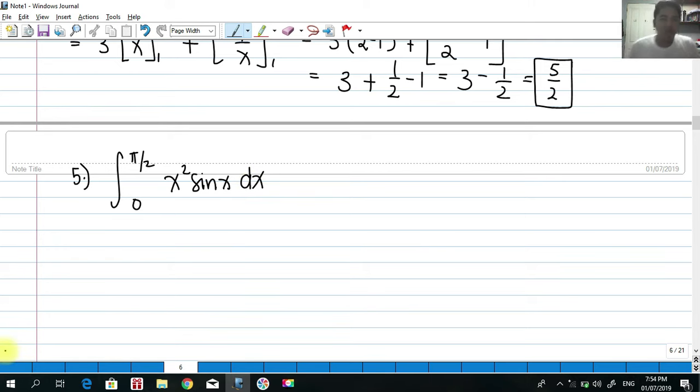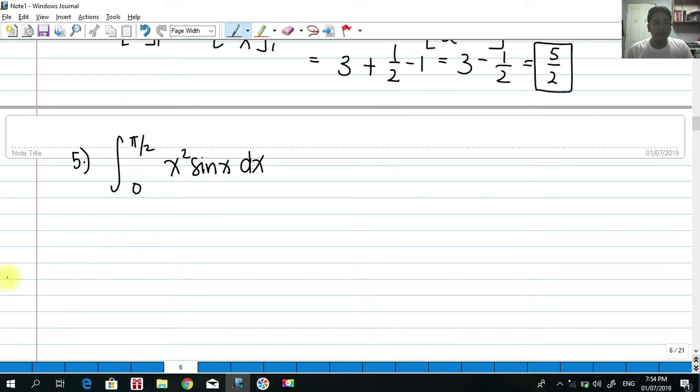In evaluating a definite integral, we will recall our integration techniques for indefinite integrals. The same techniques used for indefinite integrals are the techniques we are going to use for the definite integral. So in this case, x squared sine of x, we should be using IBP.